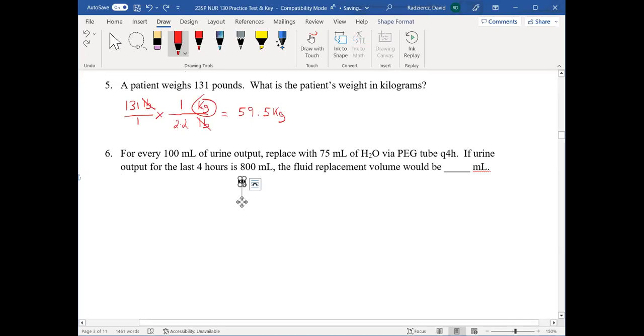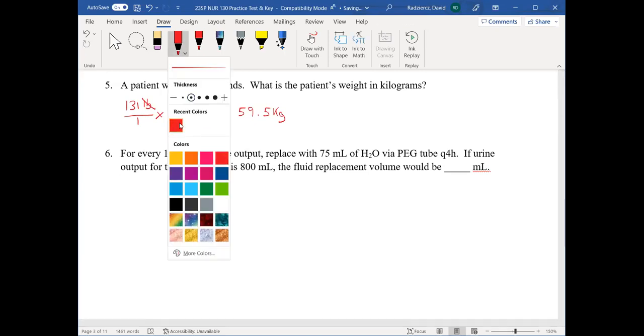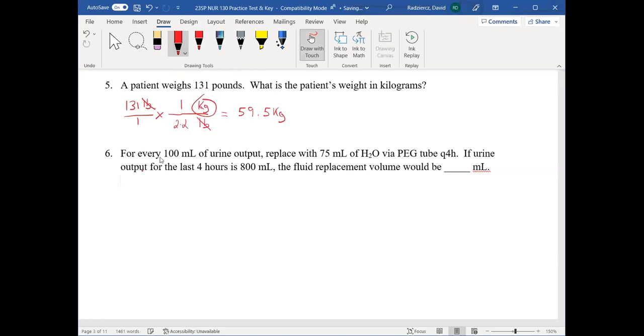So the 800 milliliters is the actual output. That's what the patient actually voided, 800 milliliters. This right here is the replacement volume, because it says to replace with 75 milliliters.